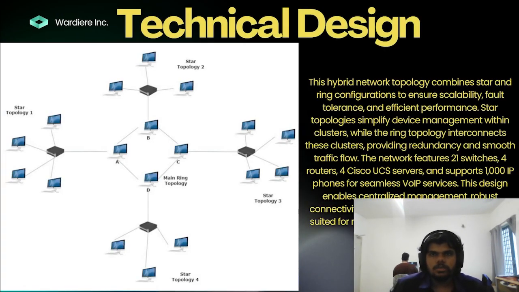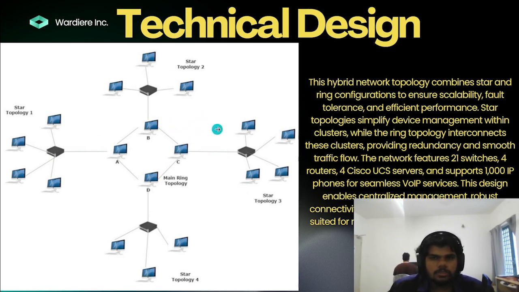For the first part, technical design, this is the diagram we did for our assignment. This is a hybrid topology combining star and ring configurations to ensure scalability, fault tolerance, and efficient performance. Star topologies simplify device management within clusters, while the ring topology interconnects these clusters, providing redundancy and smooth traffic flow.